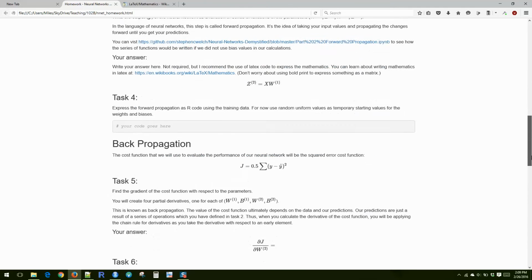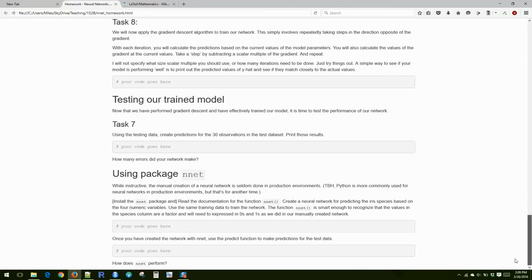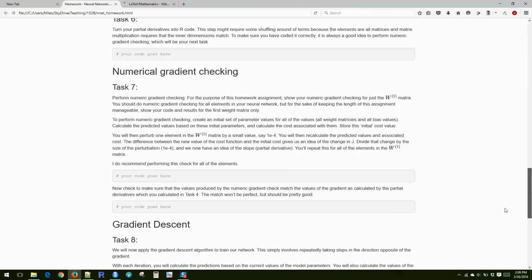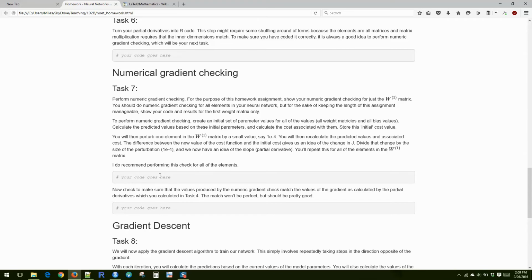Then you'll use gradient descent to train your model. I also have you do some numeric gradient checking just to make sure that you've coded up the function for your gradient properly.